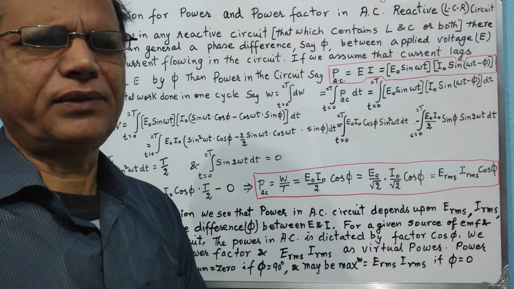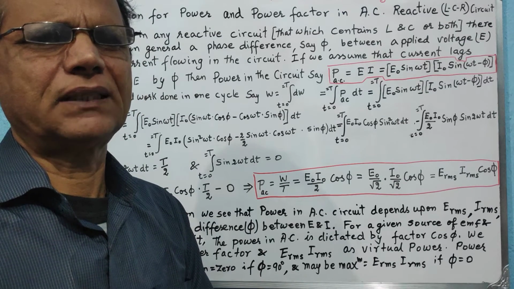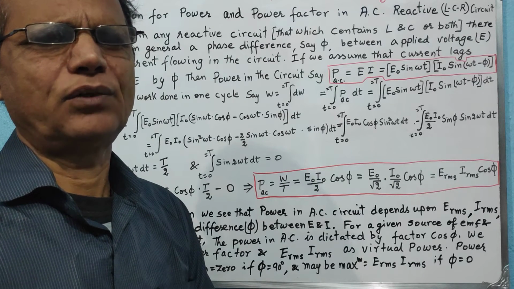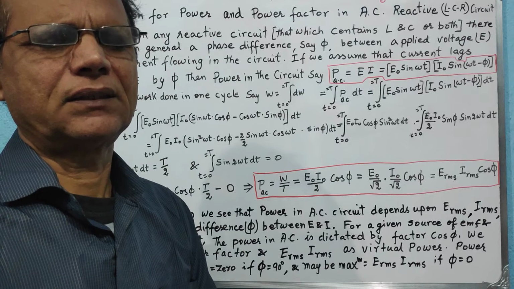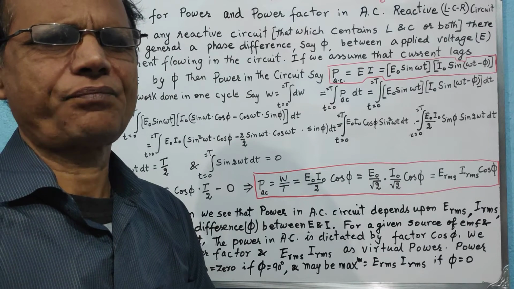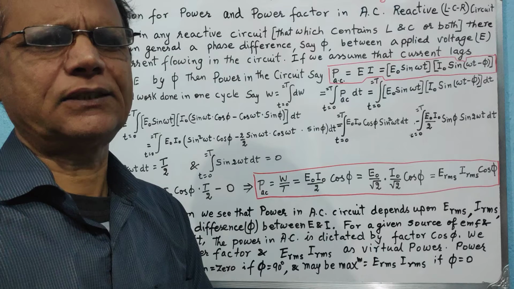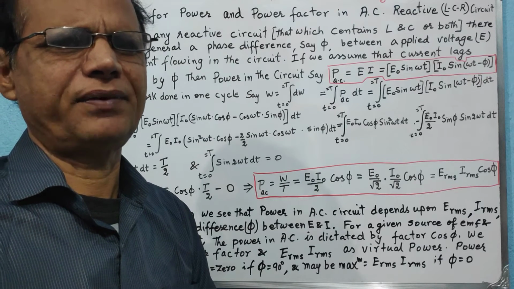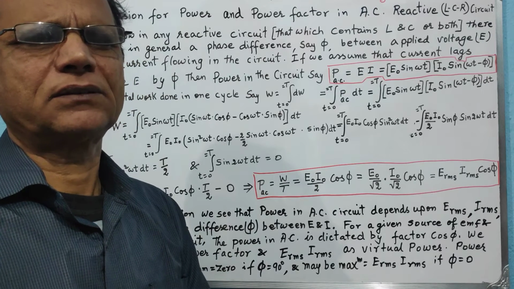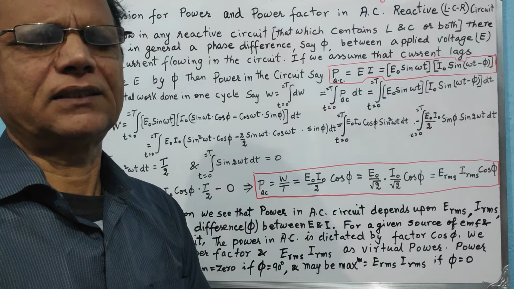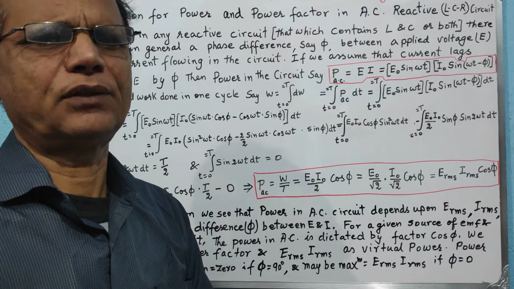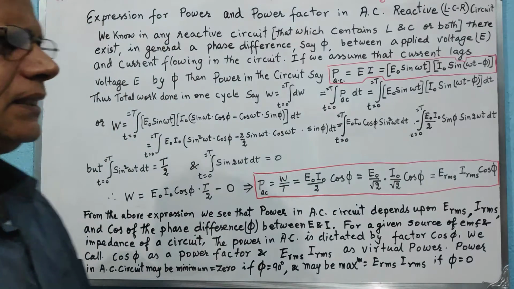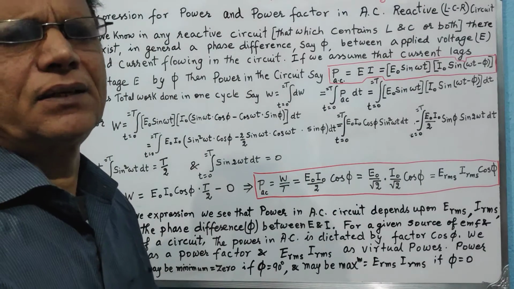So if we assume that we have some reactive circuit and an AC voltage is applied across it, we assume that the current and voltage differ in phase by phi, and the current lags by phi angle with respect to the voltage applied in the circuit.